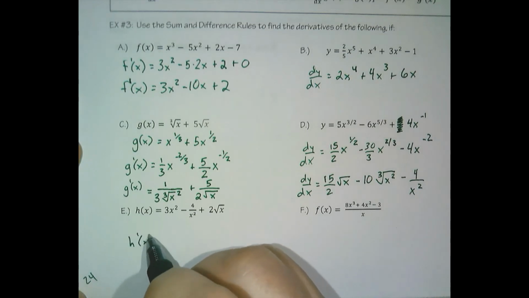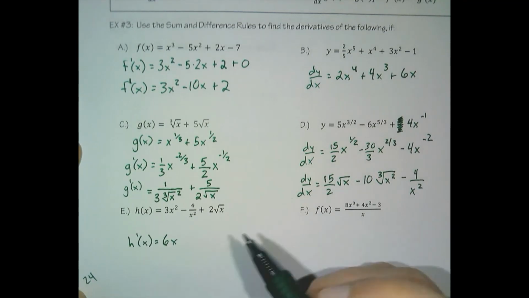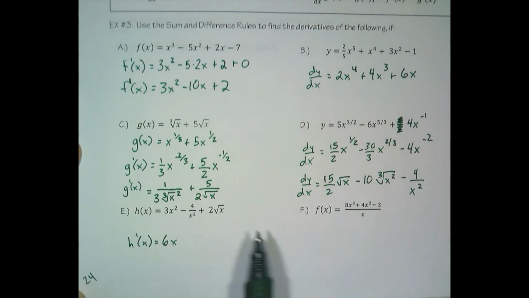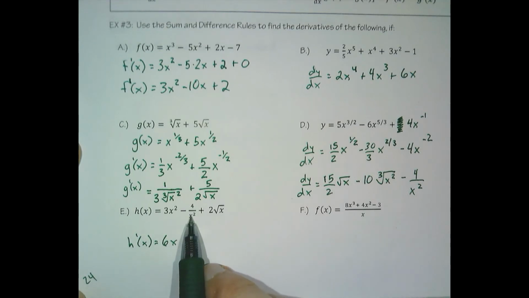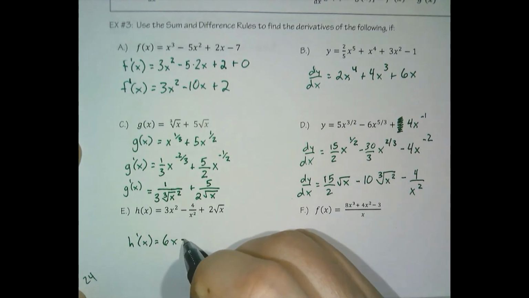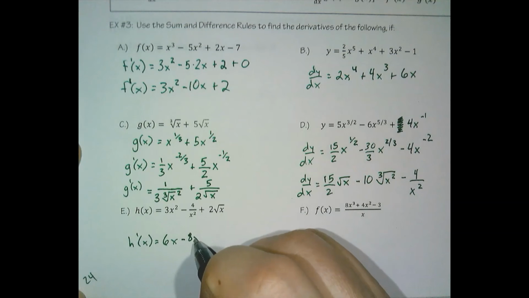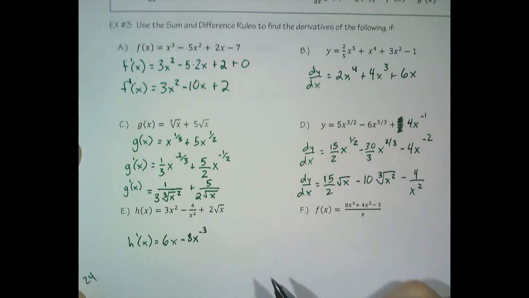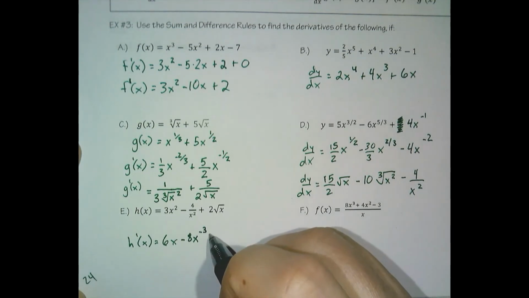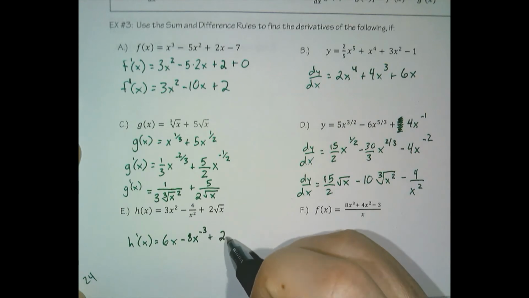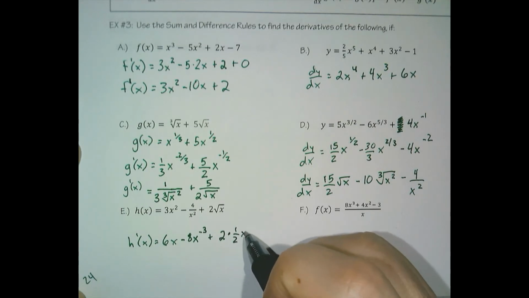H prime of x is 6x minus 8x to the negative 3 plus 2 times 1/2 x to the negative 1/2.